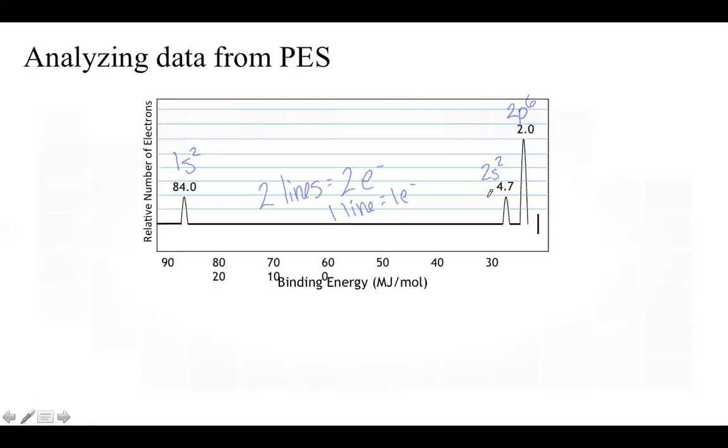And that should make sense too, because this peak here is 3 times the height of this prior peak, so there should be 3 times the number of electrons in that peak. So now, once we have labeled our peaks, we have the electron configuration as 1s2, 2s2, 2p6, and that would give us neon.